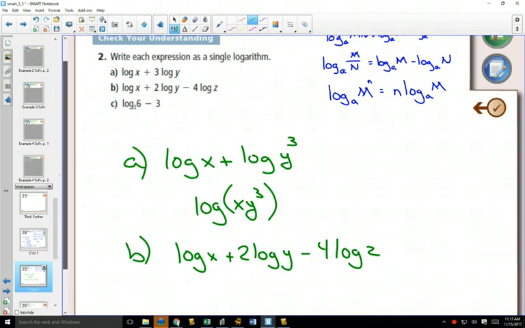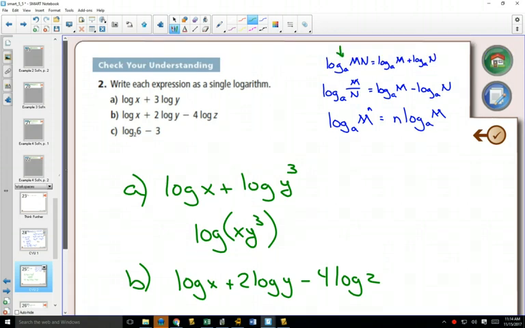One of the things that you're going to see as a pattern is that when you're trying to simplify or combine as a single logarithm, you're always going to want to use your power law first and put any number that's in front of a log inside the logarithm as an exponent. So a very first step will always be that.